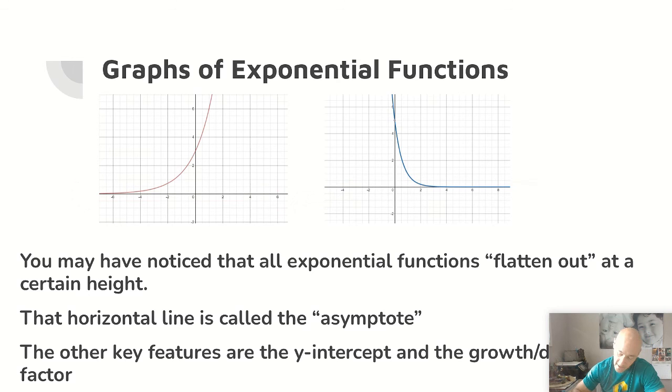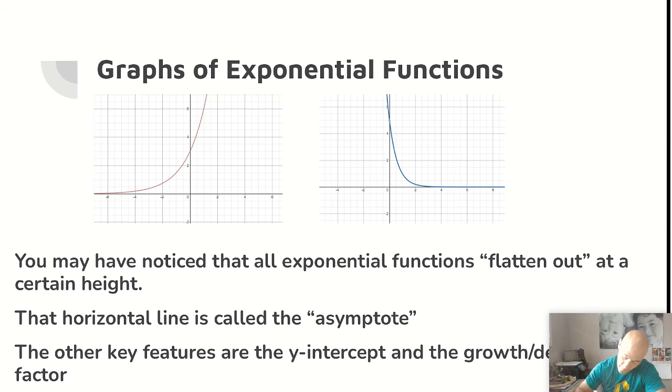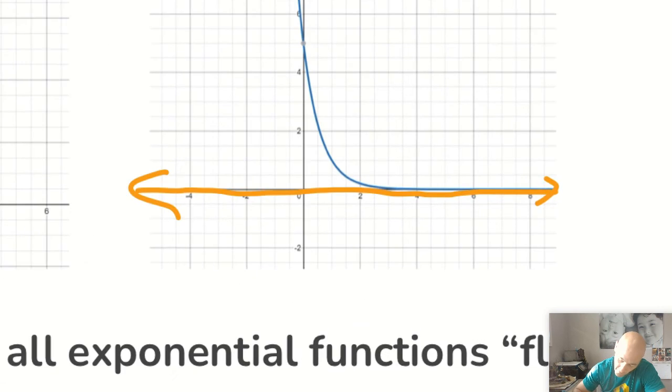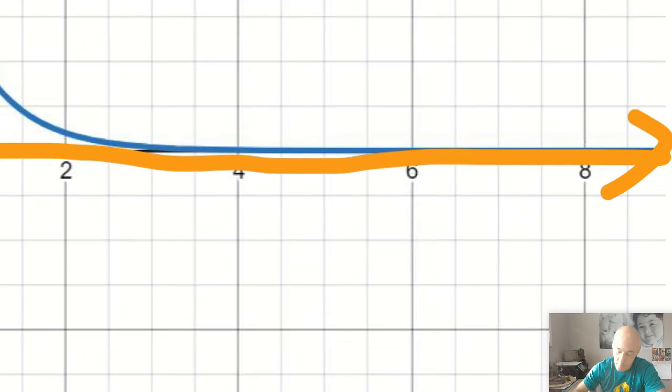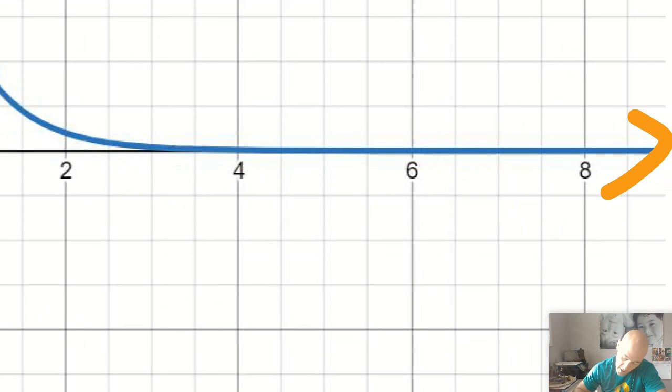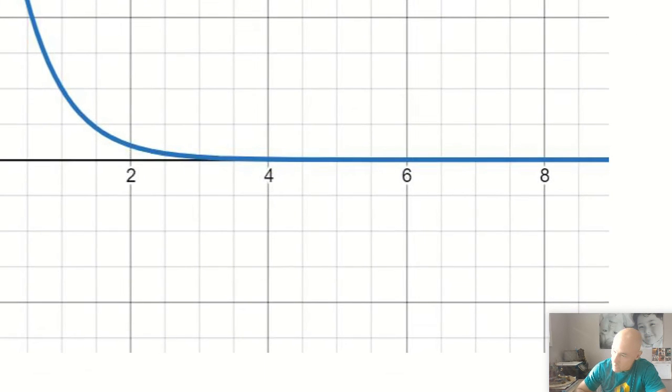And so what happens is that if you could zoom in far enough here, so I'm going to draw in the asymptote. That's pretty terrible. Let me see if I can do a little bit better job. All right. If you could zoom in far enough, you'd see that it was always a little bit away from that line.